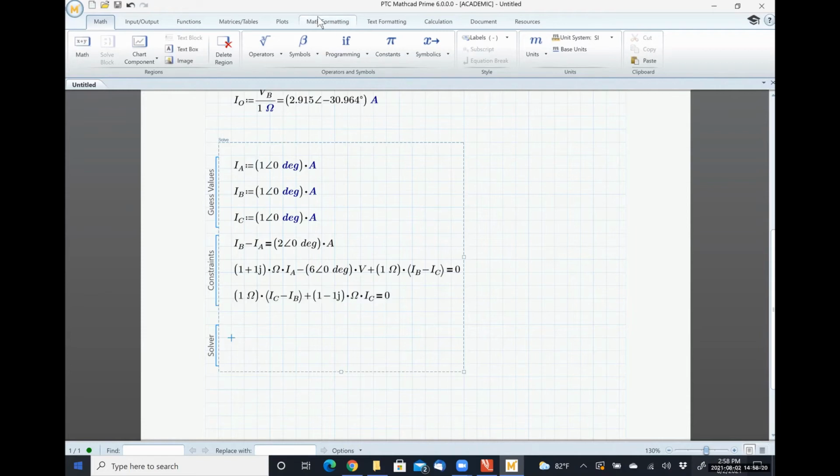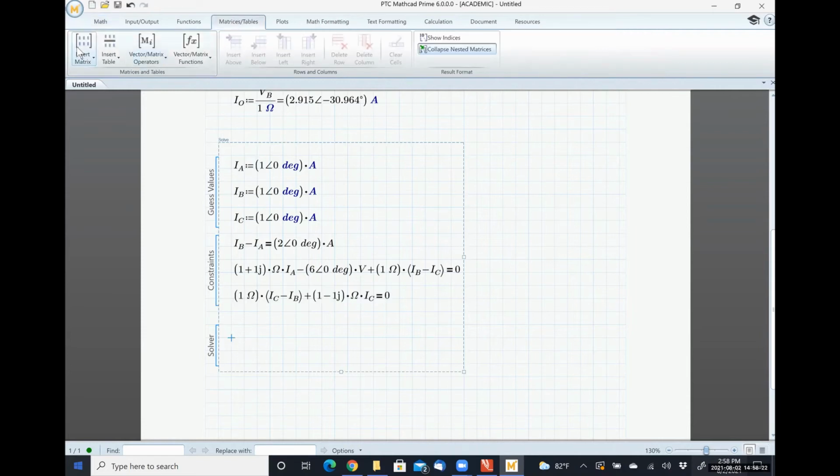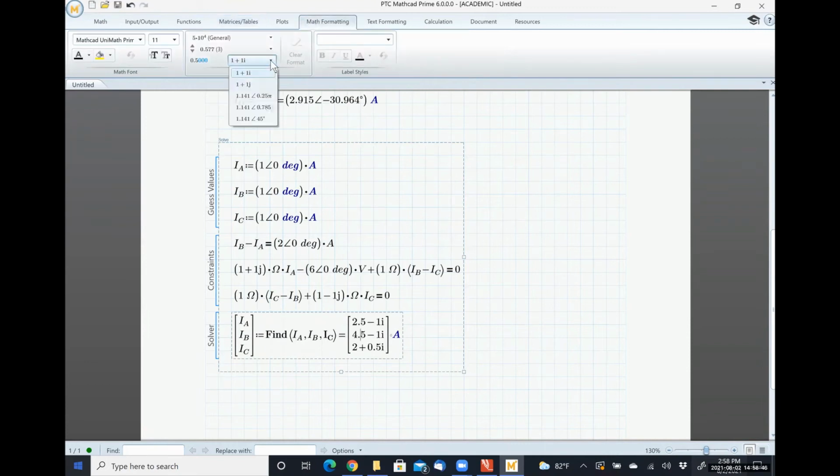I'm going to set up my little matrix. And I get those four quantities, which are all obviously in rectangular format. I'm going to change them to polar just because I prefer to work in polar.